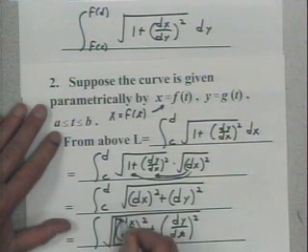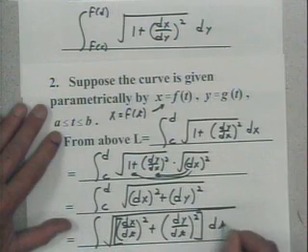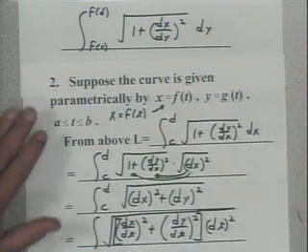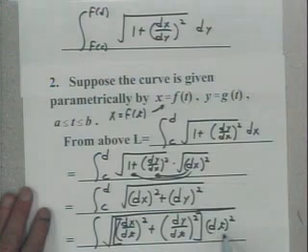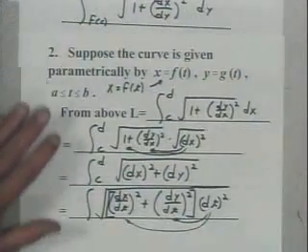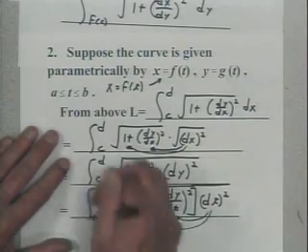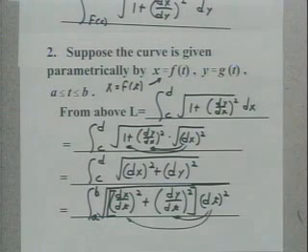But to maintain equivalence, I have to put dt squared here. So if you were to distribute this back, wouldn't you be right back to the previous step? But I didn't put limits of integration in because now I'm working with t, so they switch to a to b because those are my t limits. Okay, now that dt squared under the radical can be moved outside.